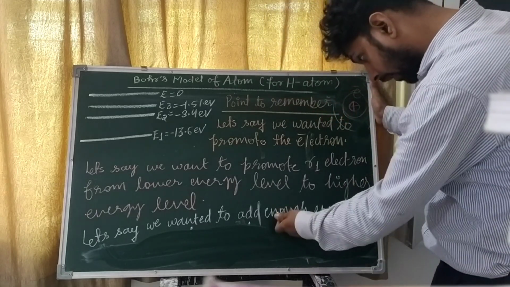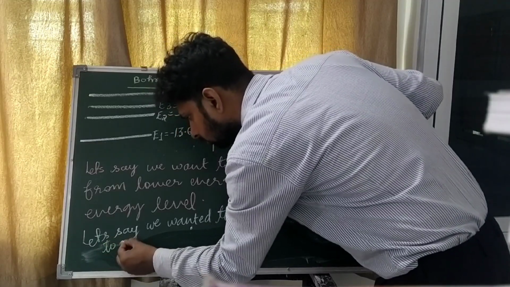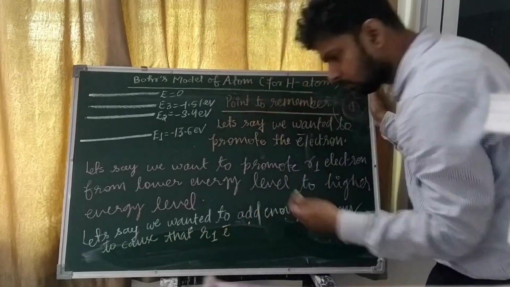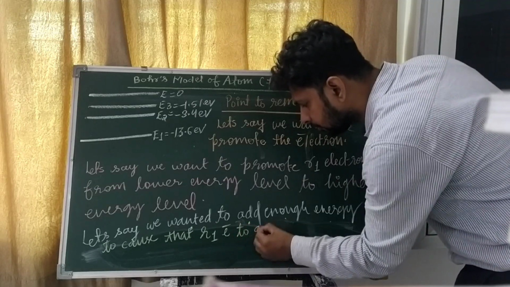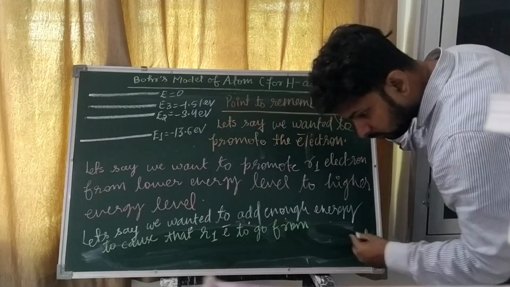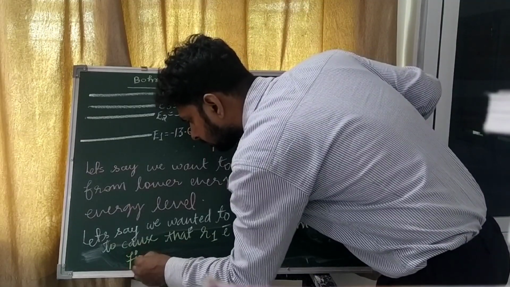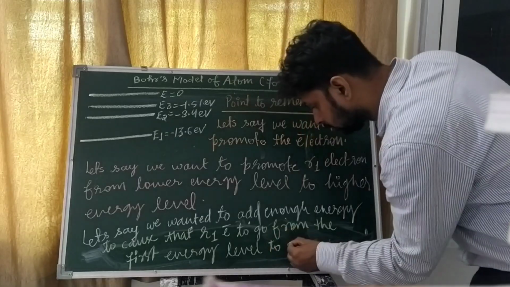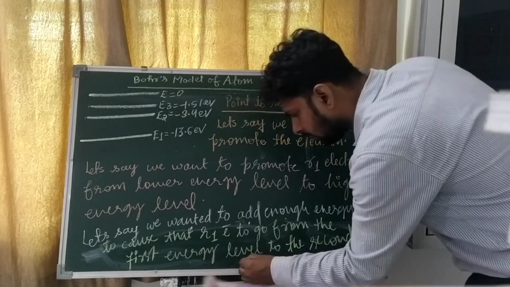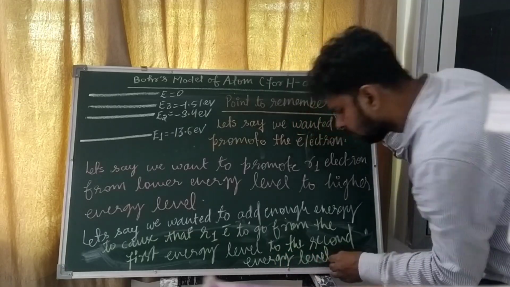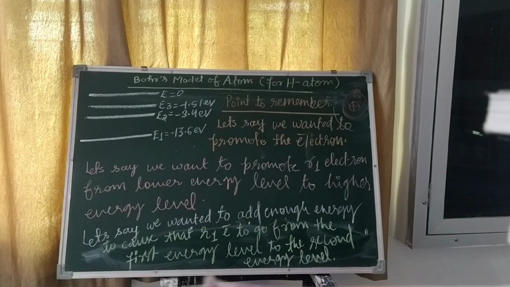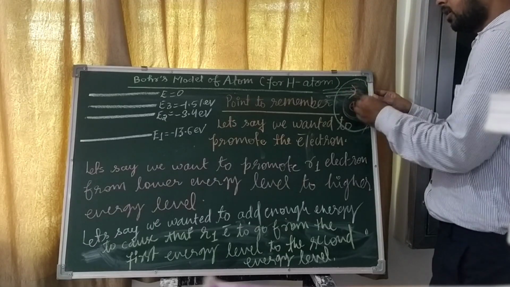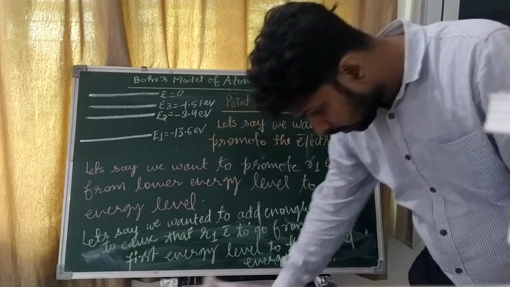Enough energy to cause that electron present at R1 radius to go from the first energy level to the second energy level. हमने इतनी एनर्जी दे दी कि वो फर्स्ट एनर्जी लेवल से सेकेंड एनर्जी लेवल तक पहुंच गया. कितनी एनर्जी देंगे, हम कैलकुलेट करेंगे कि ये जंप करके सेकेंड में गया. यहां तक लिखिए.